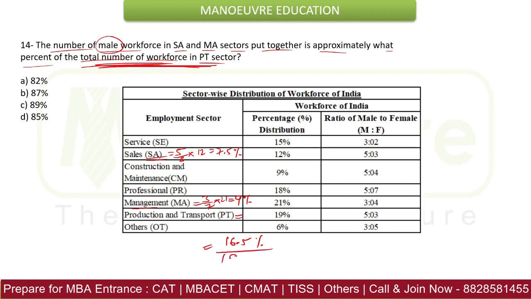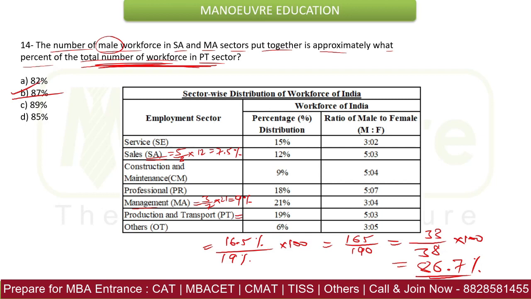So this is 19% into 100, so we can say it is 165 divided by 190, that will be 33 by 38 into 100, which is approximately 86.7%. So the approximate answer here is 87. Option B will be the answer here.